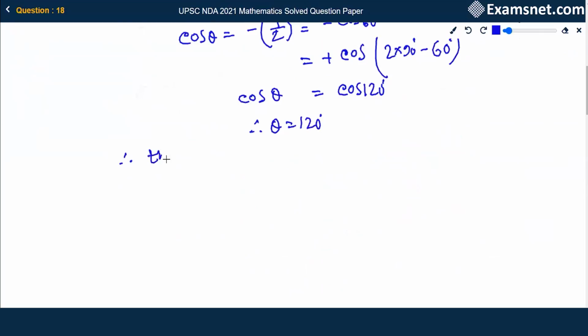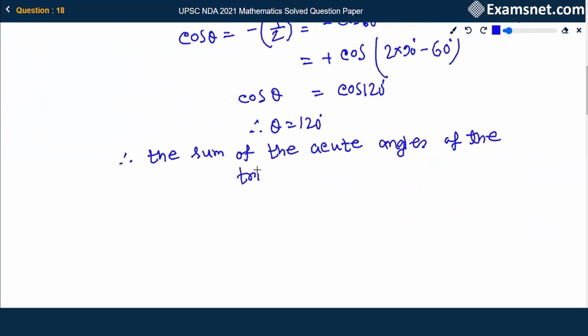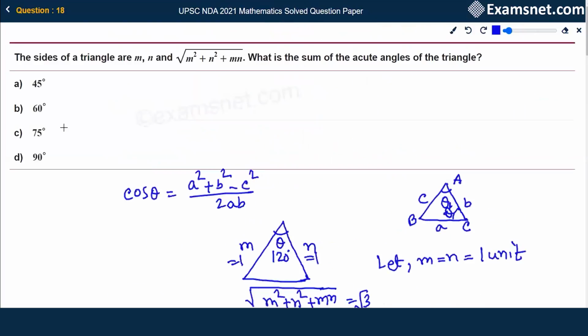Therefore, the sum of the acute angles of the triangle, from the angle sum property, we can get as 60 degree. Let's check the options. Here, option B is the correct answer.